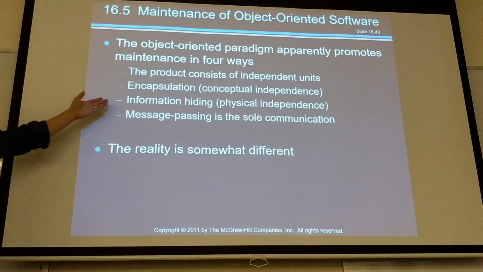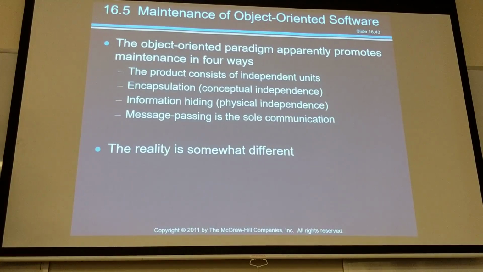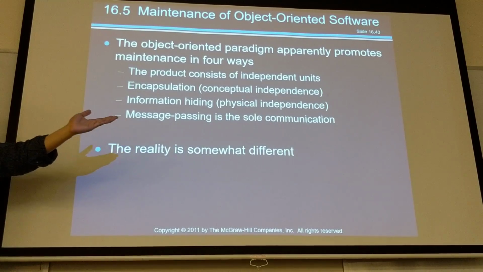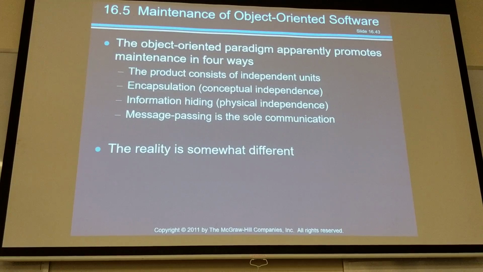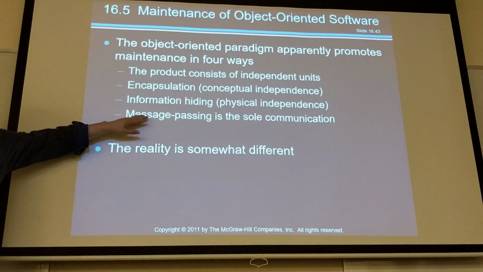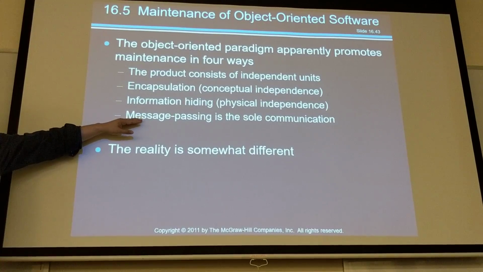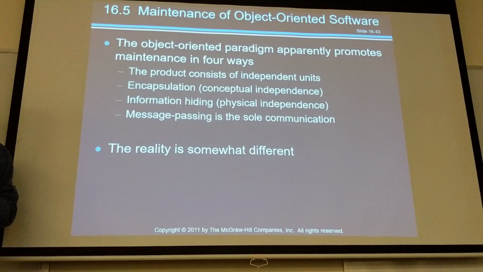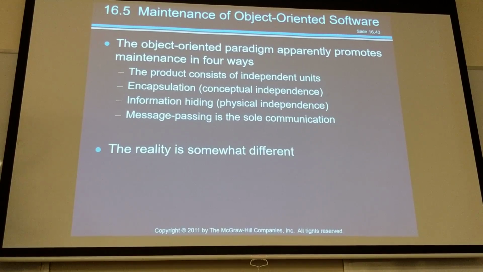Information hiding, you can't access my data unless you go through my interface, right? Message passing model, right? Although message passing may be implemented through method call, calling your interface method, it's actually abstraction in message passing. I'm sending you a message. Basically that I'm calling your method, okay?